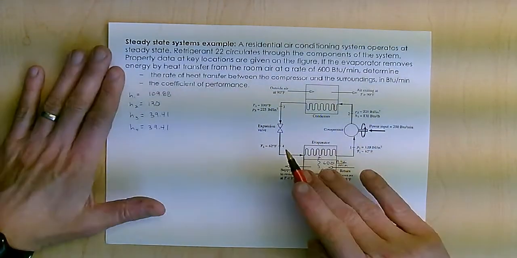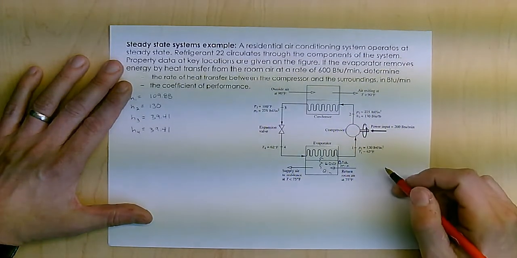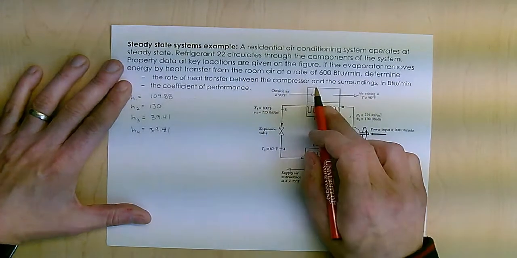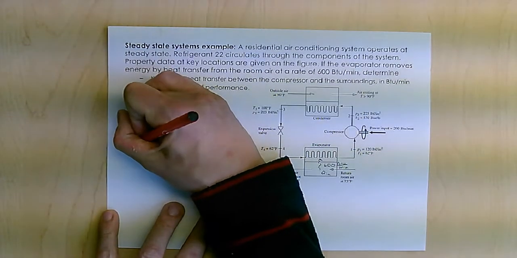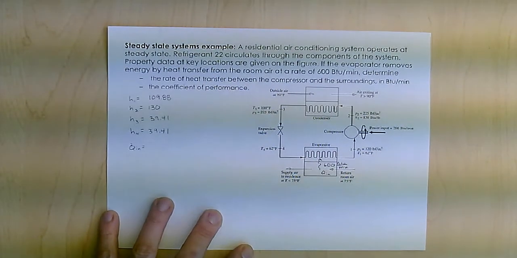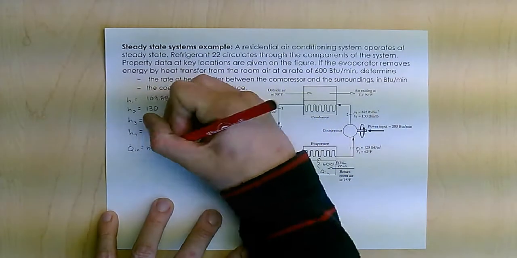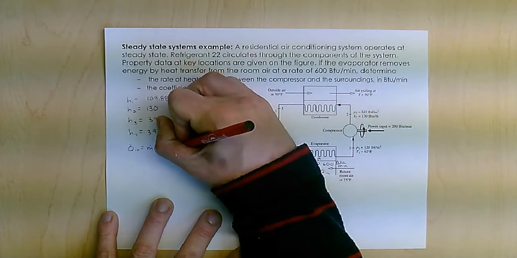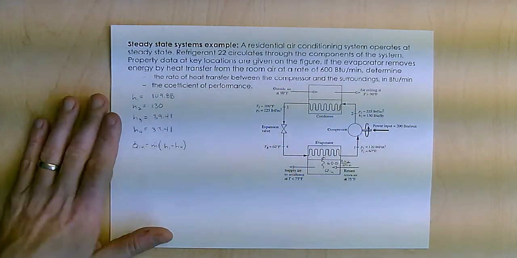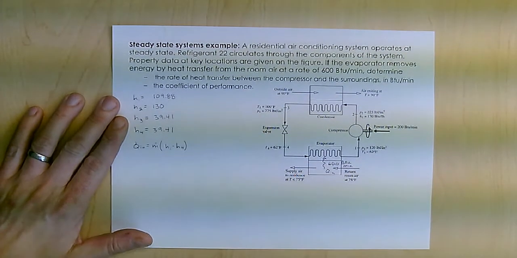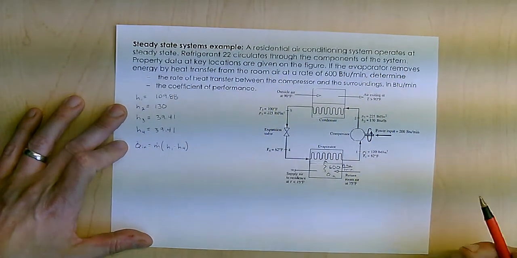The next step is to find my mass flow. The way that I'm going to find my mass flow is knowing this heat transfer, this Q in. Because that Q in, by definition, is my mass flow times the change in H, because there's no work being done. This is a heat exchanger. There's no kinetic or potential energy here. The only thing I have is I know my H values, and I know that it's 600 BTUs per minute.